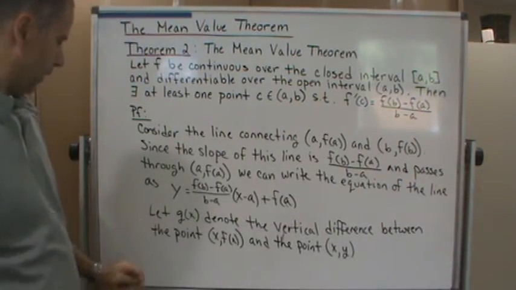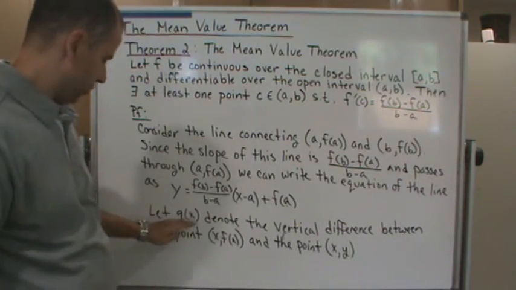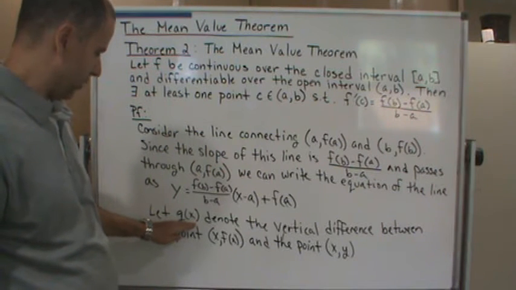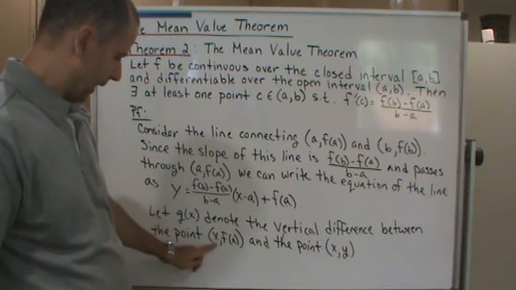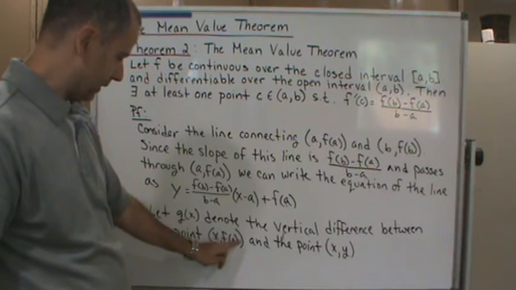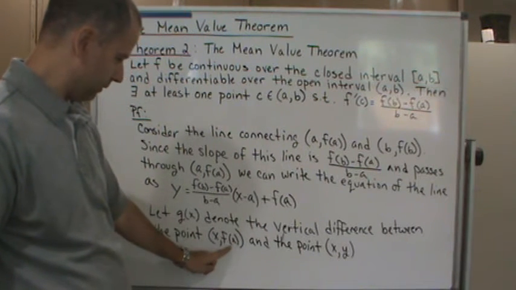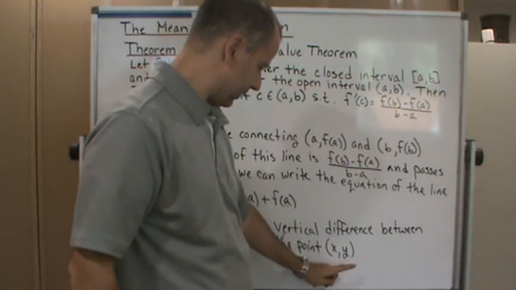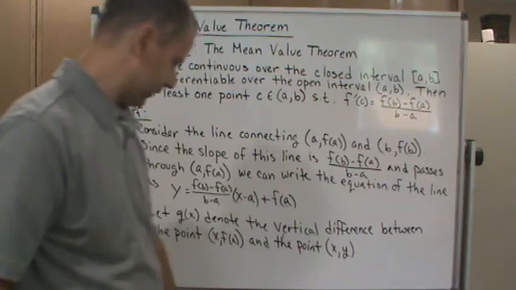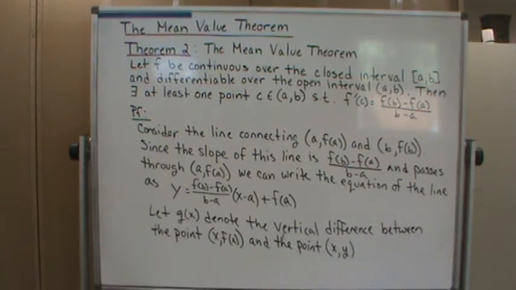We want g of x to denote the vertical difference between a point on the function at x and the point on the secant line at the same value of x. Okay, so that'll give us the vertical difference.